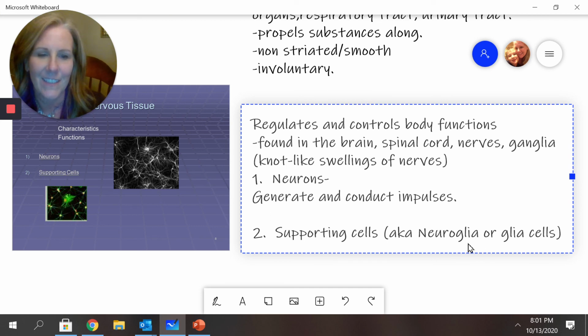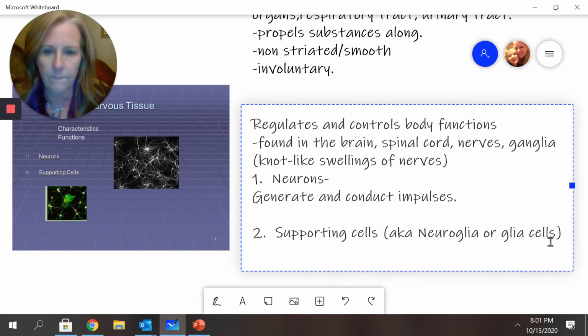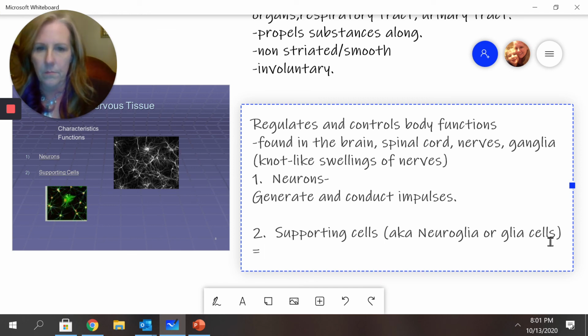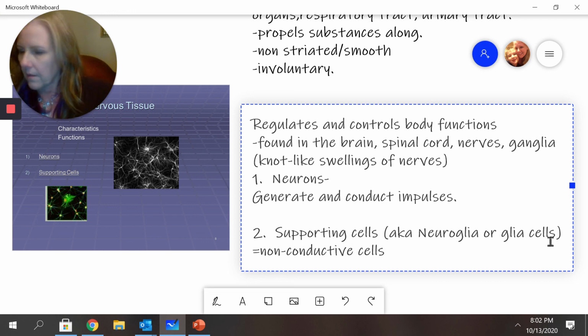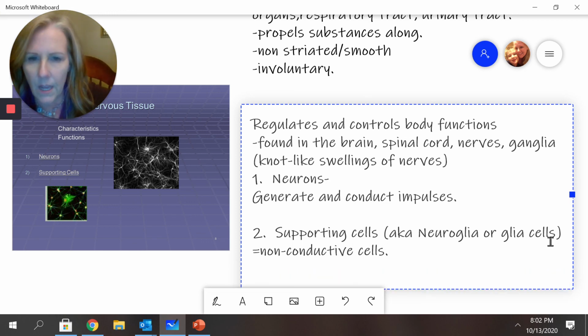Supporting cells, neuroglia or glia cells. If you're talking about just one of them, so singular, glial with an L. Okay, these are non-conductive cells. So this means that these cells do not generate or conduct impulses.